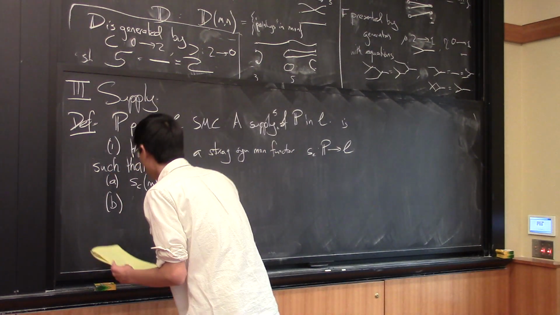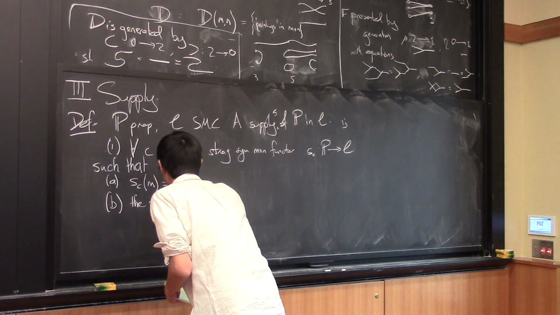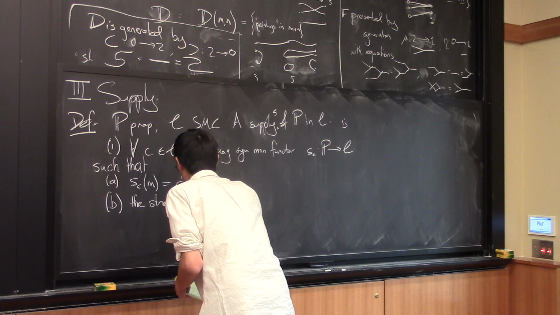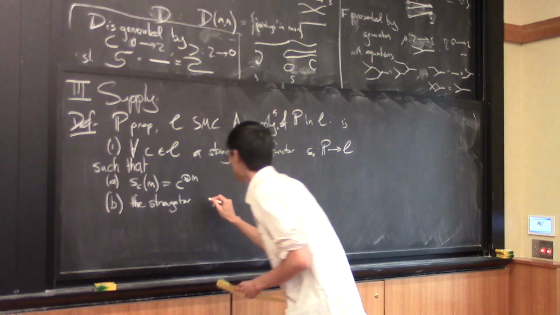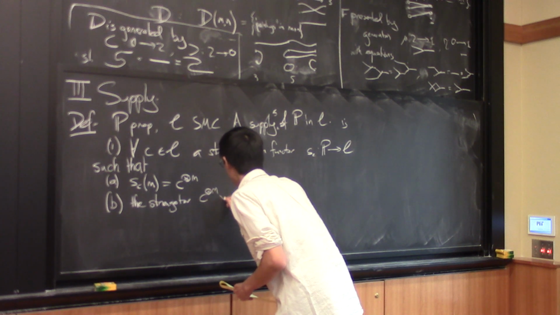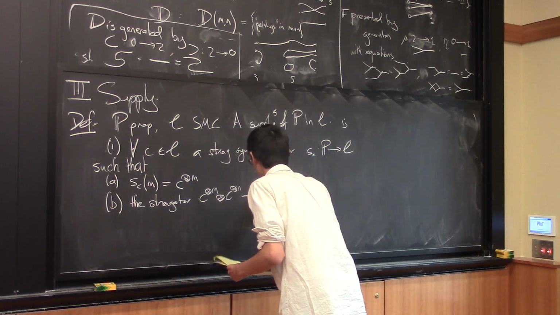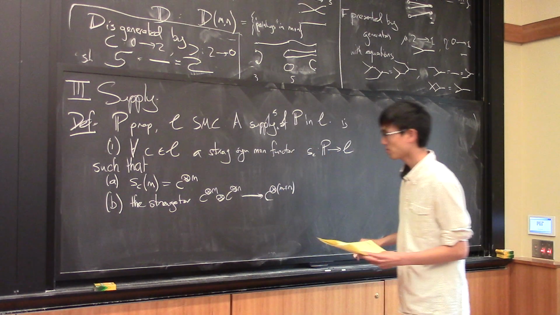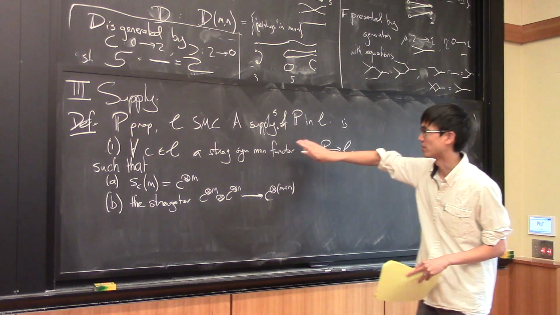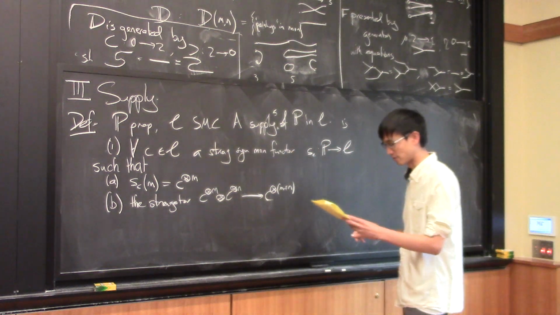Second is a bookkeeping condition. The strong eta, these are the coherence maps for the monoidal functor. If you work strictly, and if you're thinking strictly, you can avoid saying this stuff at all. But because we're working with just a symmetric monoidal category C, not a strict symmetric monoidal category, I'm going to include this condition.